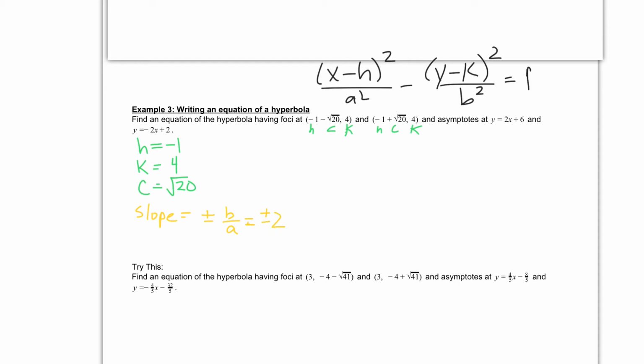Now, with that in mind, we have c. With our c value, we can say that a squared plus b squared is equal to c squared. If we square the square root of 20, we get 20.